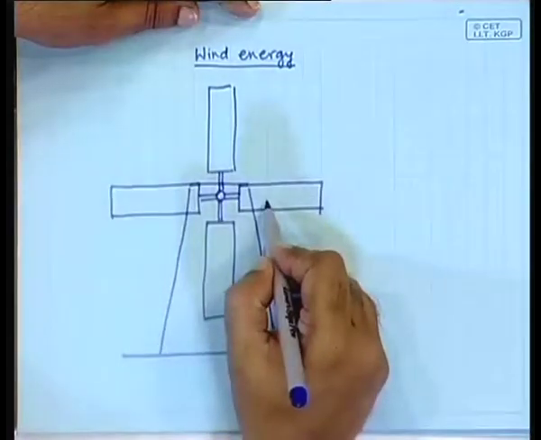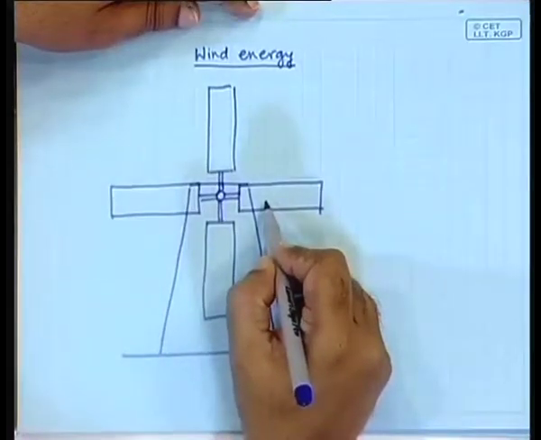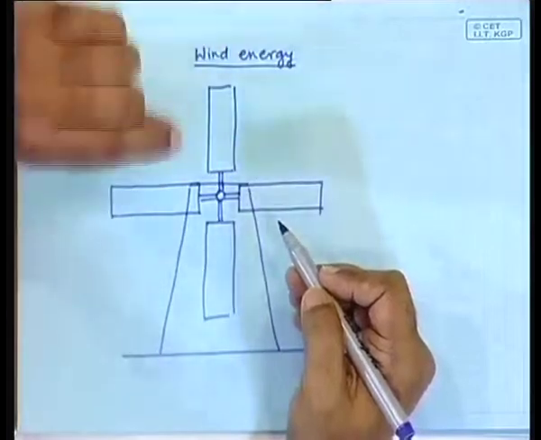Now, these 4 blades are normally wooden slats, that means flat plates of wood.